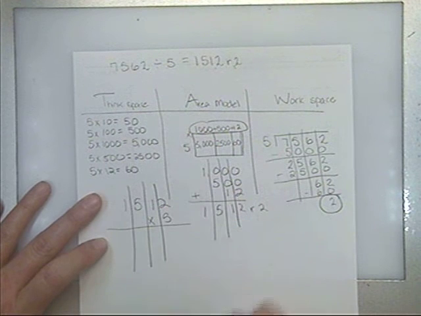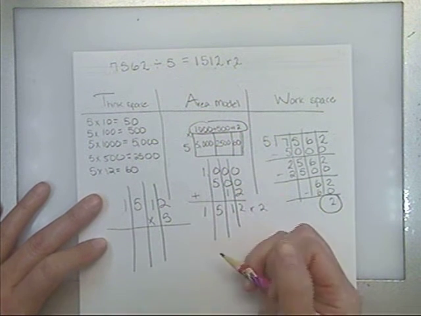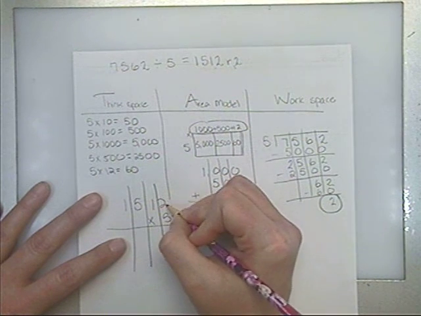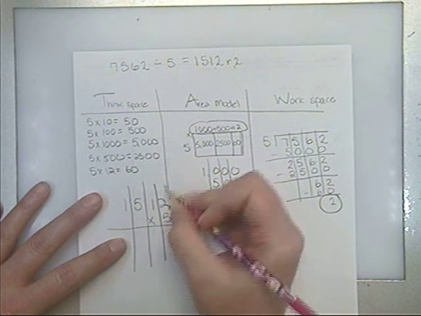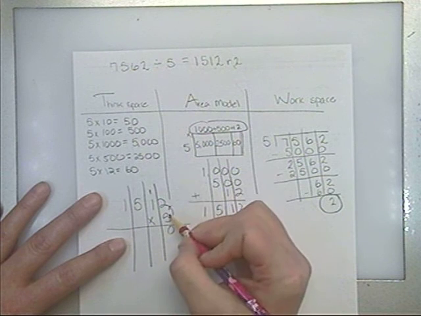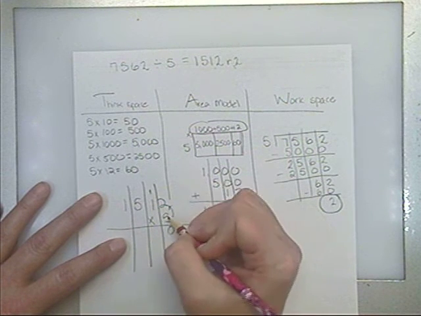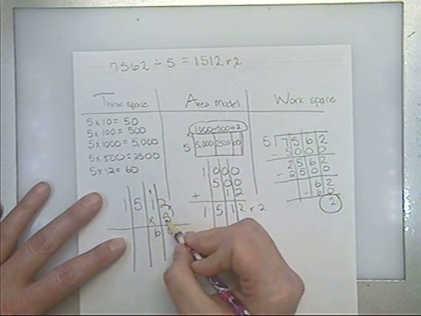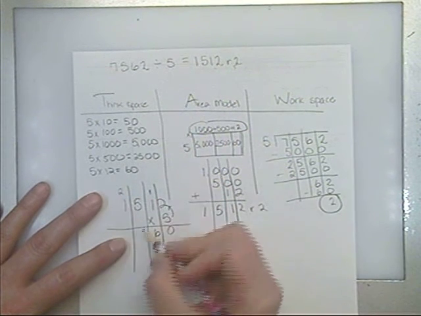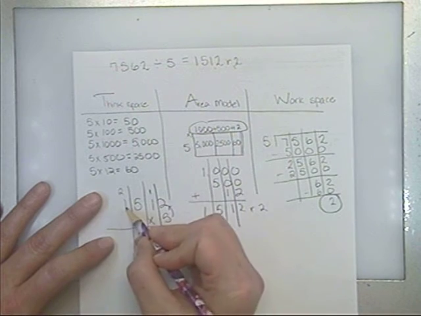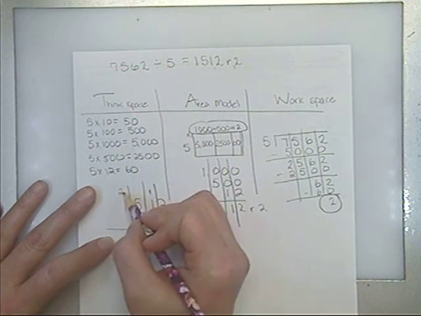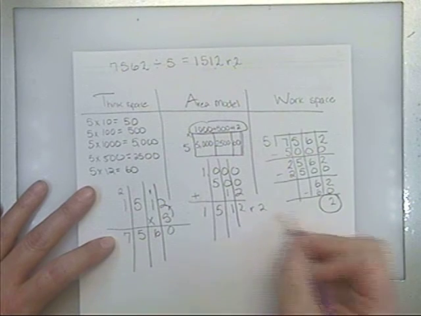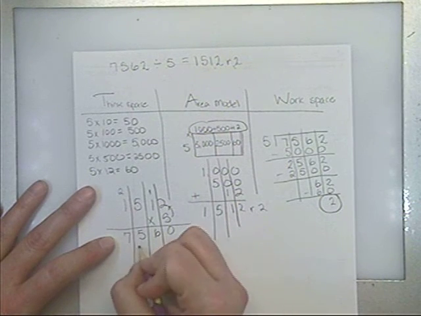Now again, I've taught your students to put in their place value lines and draw these arrows to help them remember. 5 times 2 is 10. 5 times 1 is 5, plus 1 is 6. 5 times 5 is 25. 5 times 1 is 5, plus 2 is 7. Now we need to add that remainder back in there.